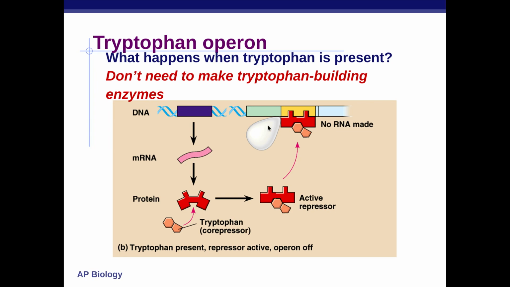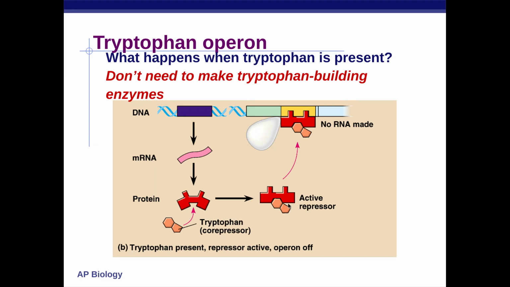What that means is the RNA polymerase is going to continue making the messenger RNA here, and therefore make all the proteins necessary for tryptophan synthesis. However, when tryptophan is present, it will bind to this inactive repressor protein. When it does that, the repressor becomes activated.